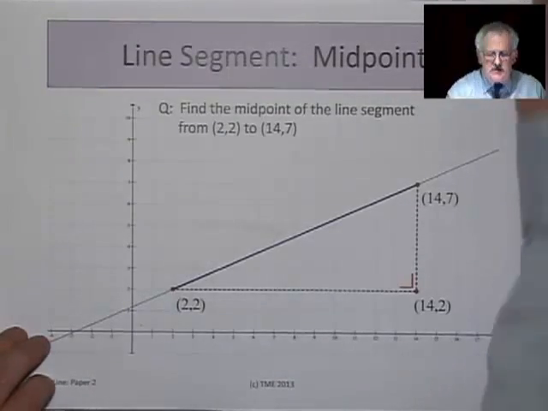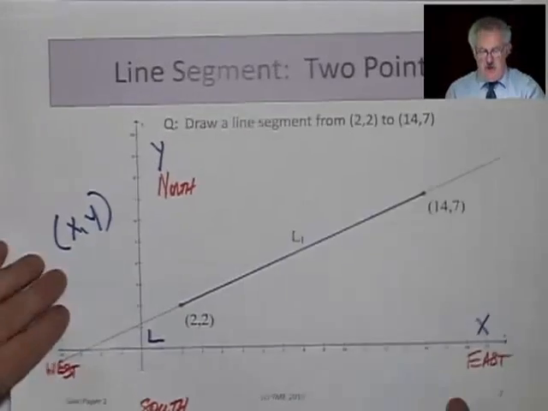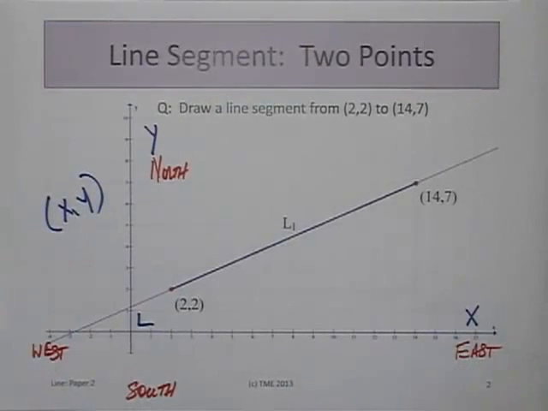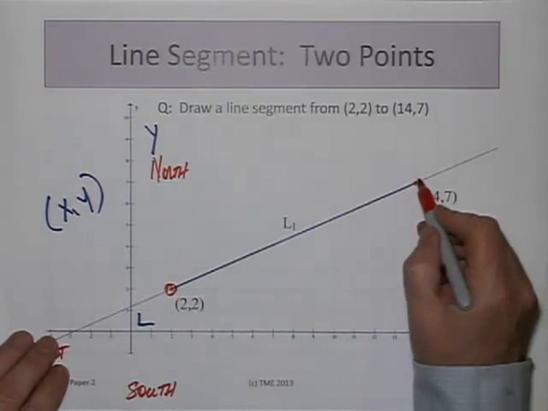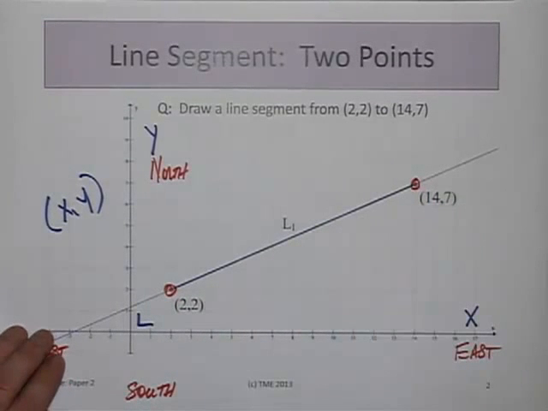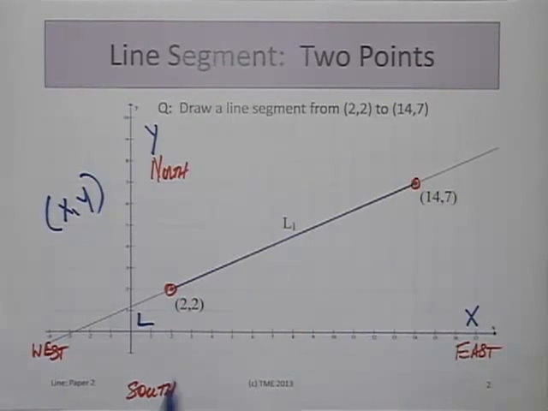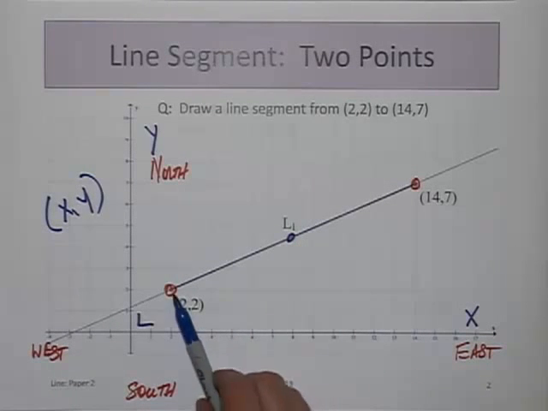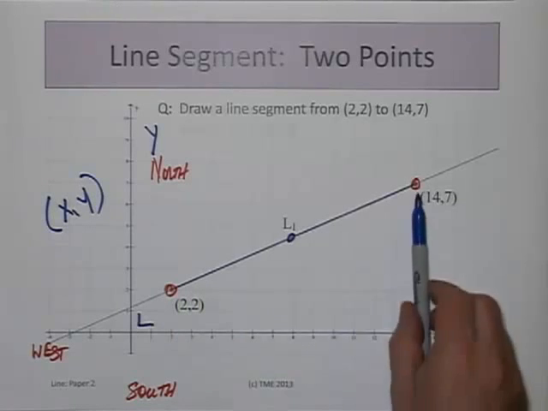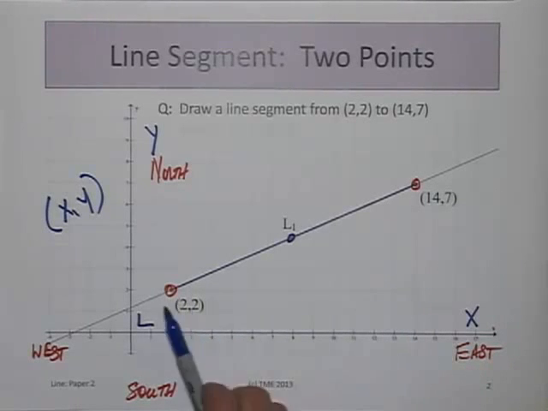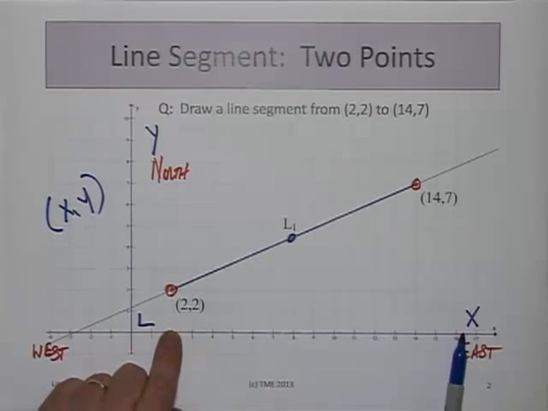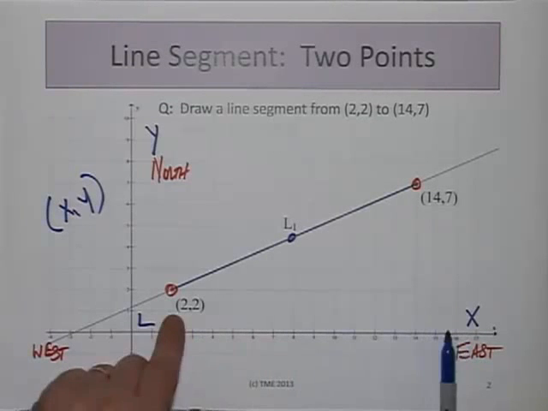Now, we're asked to find the midpoint of a line segment. And here's point 1, and here's another. 2, 2 and 14, 7. And instinctively, we sort of feel it's probably around here somewhere. Now, there's 2 parts to it. There's a 2 and a 14 for the x bit, 2 east and 14 east. What would be halfway between them?